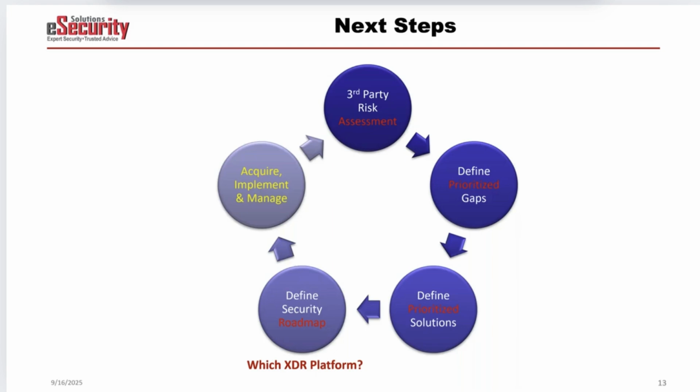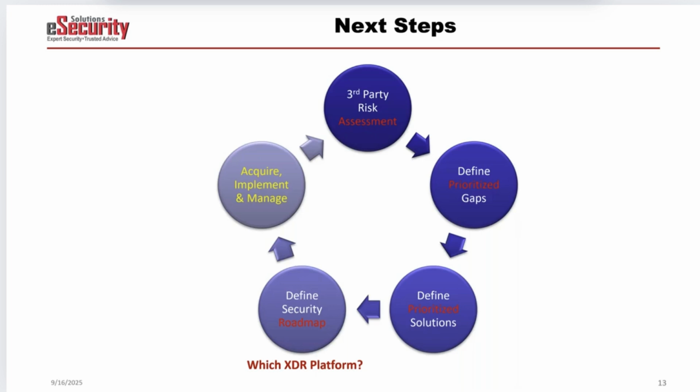So I just want to say, as next steps go, if you really look at the risk management process for regulation compliance or good security, everything starts with third-party risk assessments, defining your prioritized gaps in your security, defining your prioritized solutions, putting that into a roadmap of how you're going to implement it, develop it and roll it out, and then acquiring the solutions, implementing them, and managing them.